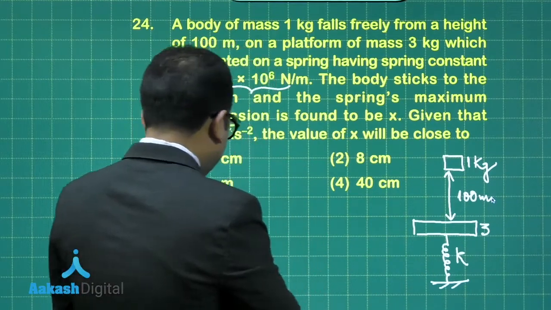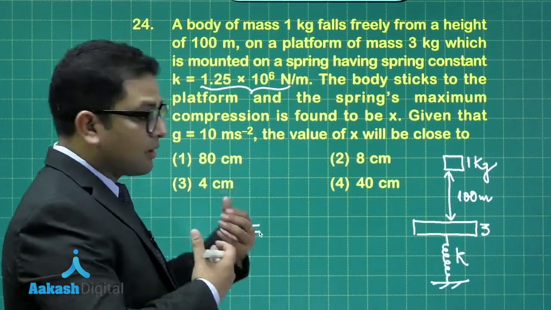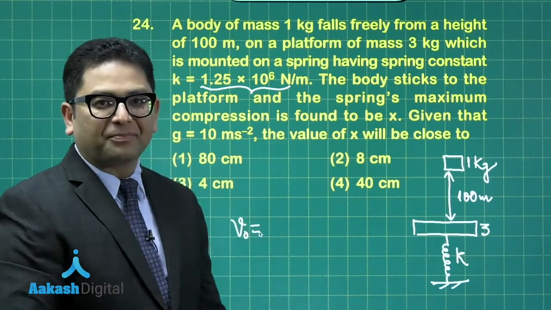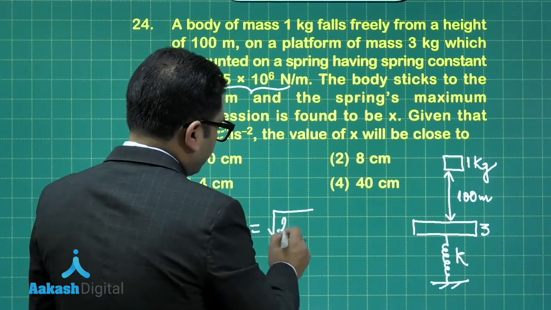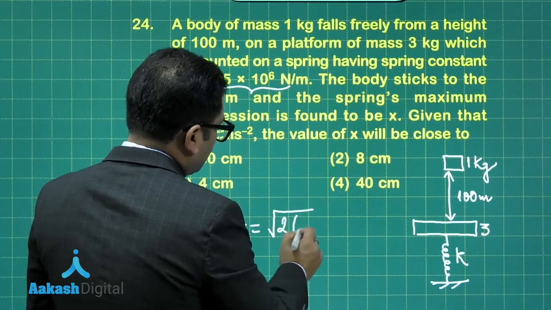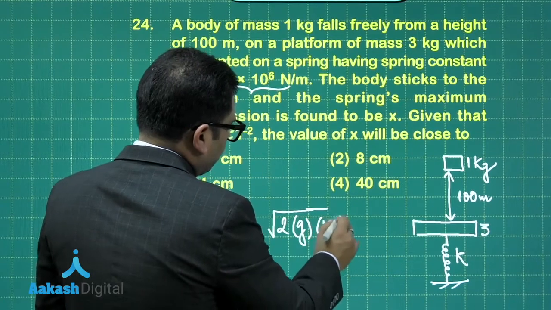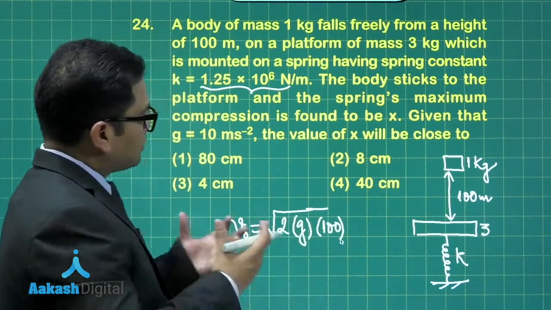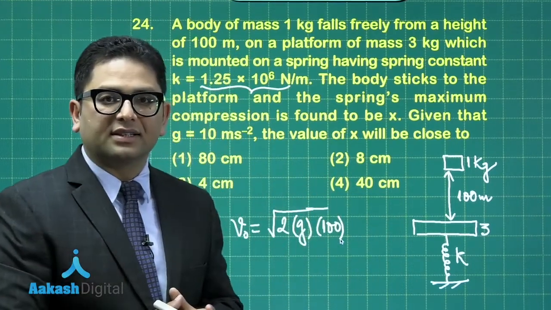And let me calculate the speed of the 1 kg particle just before the collision. So when I go for the instant just before the collision, that's going to be under root of 2g and height, which is 100. So this is the value of speed of 1 kg particle just before the collision.